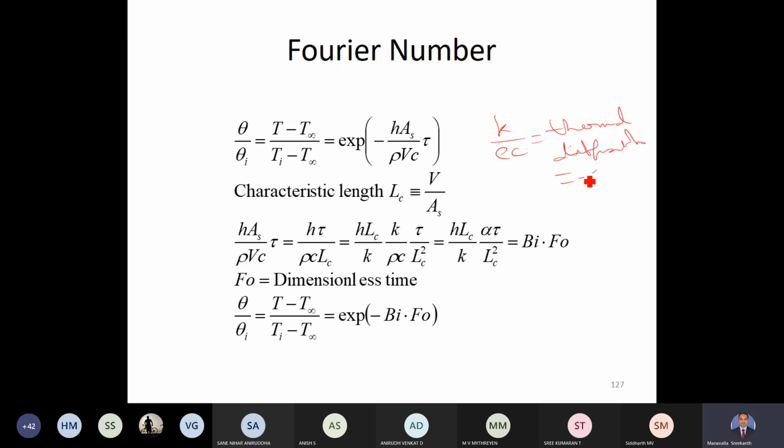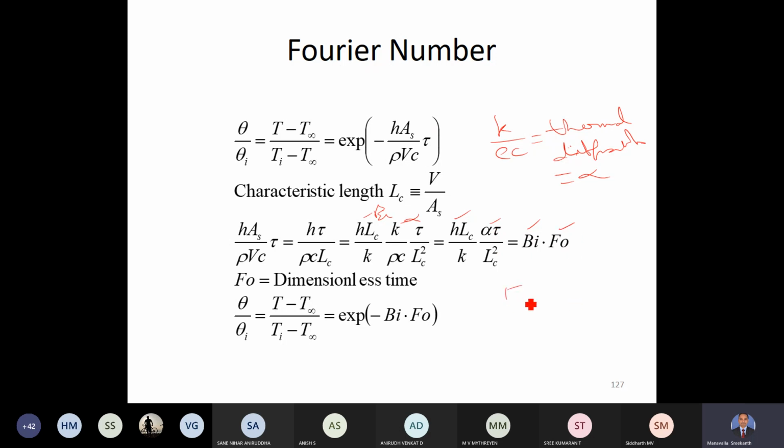The symbol is alpha. So this is the Biot number, this is alpha, and this is tau by LC square. So this is h LC by k, and in place of k by rho c, alpha is written, alpha tau by LC square. So this h LC by k is Biot, and this one, alpha tau by LC square, is written as the Fourier number.